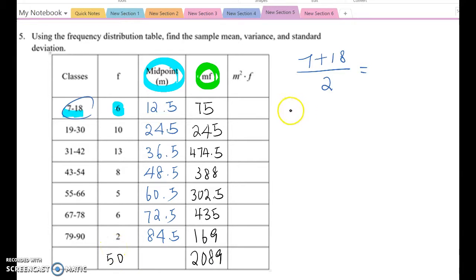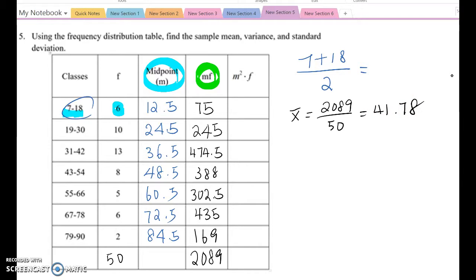Therefore, the mean x bar equals 2089 divided by 50. Then you will get 41.78 here.